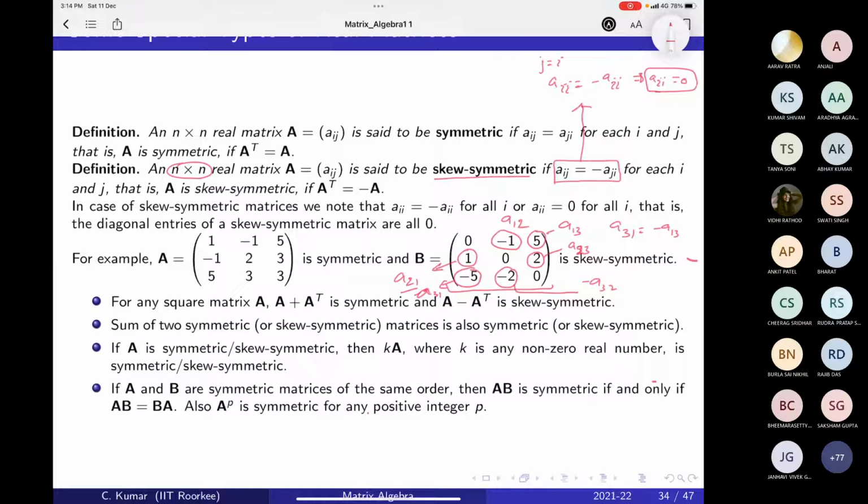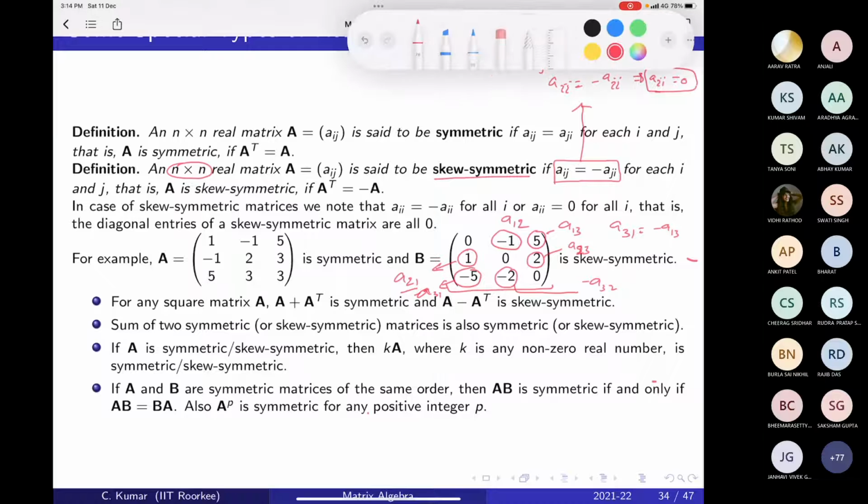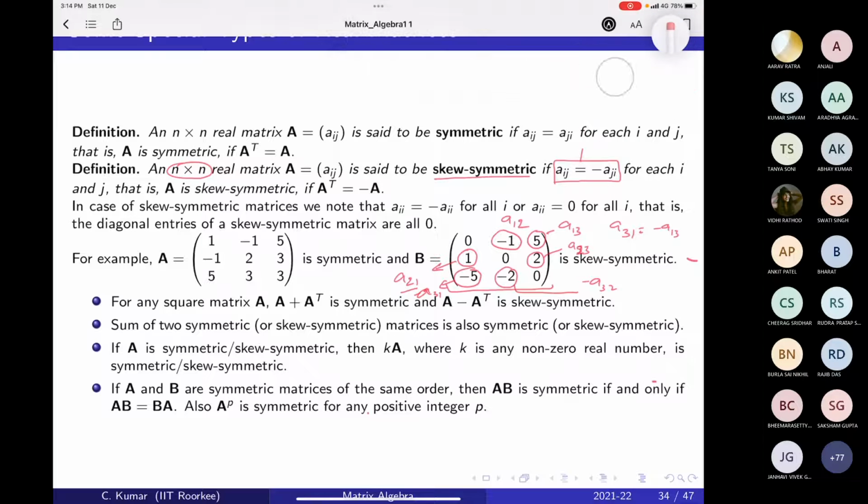So this means that all the diagonal elements of a skew symmetric matrix are 0. So this is what we mean by symmetric matrix and skew symmetric matrix.